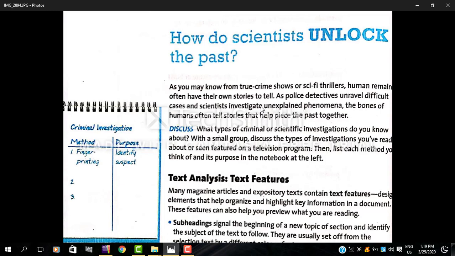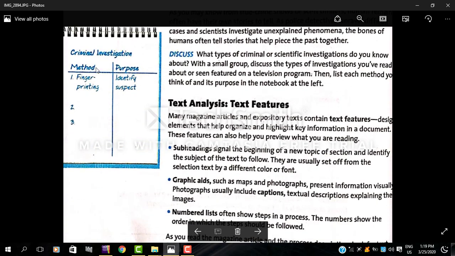And I think it can be scary, as you feel from this word bones. Yes, the investigators want to look at the bones of the human. These bones can tell what happened to this person who is dead. They help piece the past together, to collect the events and try to find the solution. Okay, we have something here on your left, which is criminal investigation.